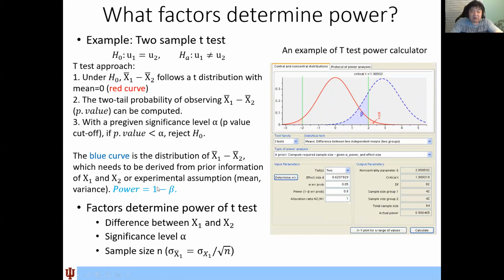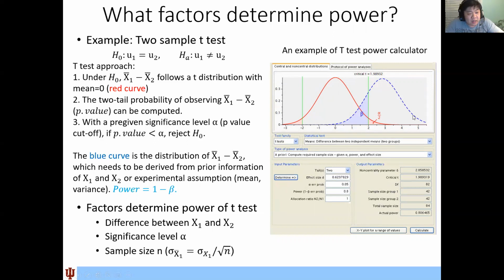Power is 1 minus beta, since beta here is the type 2 error. The red curve is the distribution of x1 bar minus x2 bar under the null hypothesis.